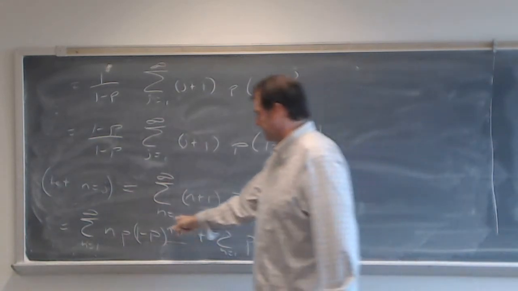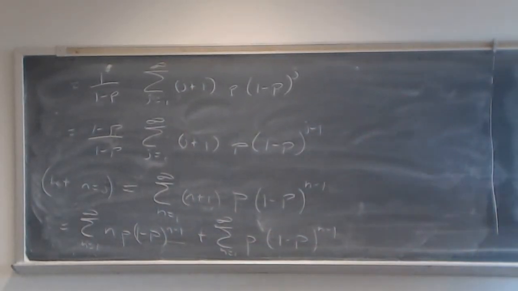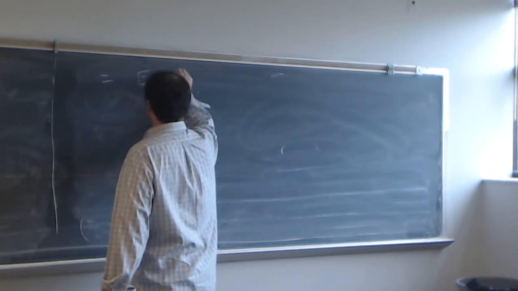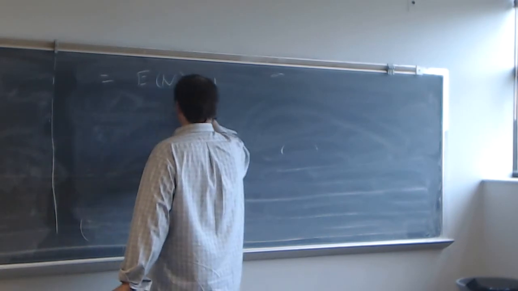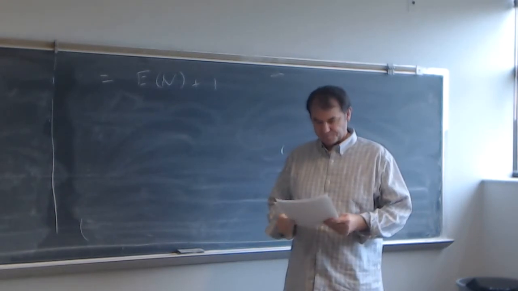And this part right here is nothing more than the expected value of the geometric random variable n. So that's equal to the expected value of n plus 1. That proves what we had already reasoned through.